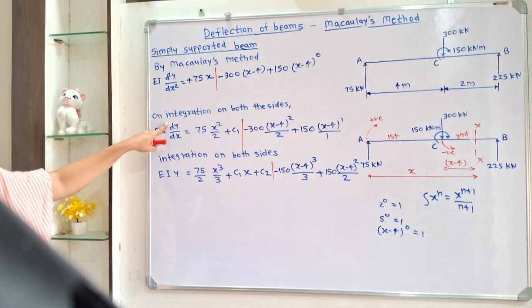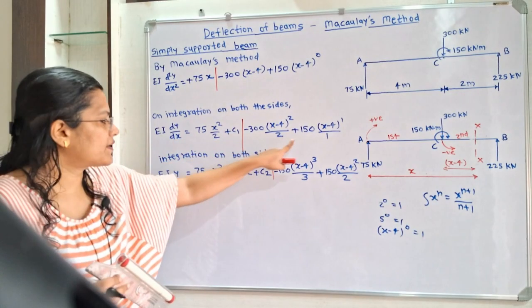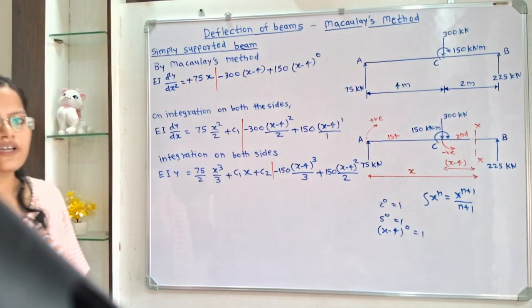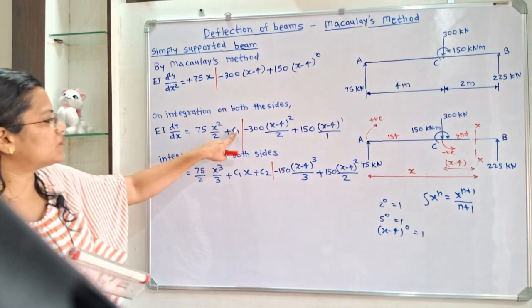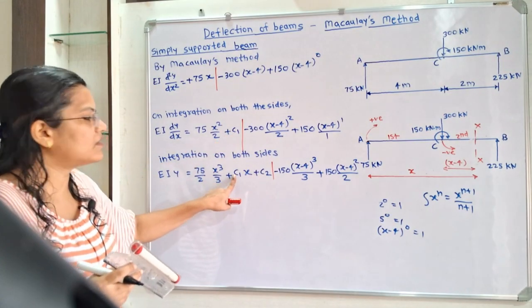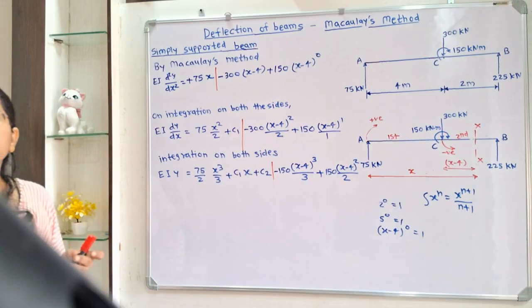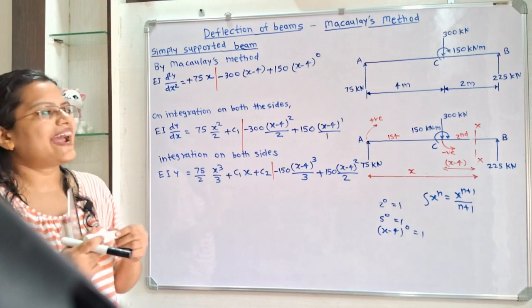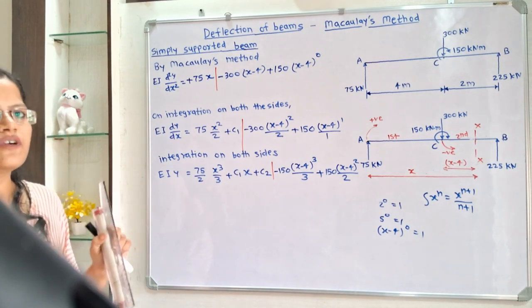Now if we observe this dy by dx, it will be our slope equation, and when y is there, then this is our deflection equation. So to find out the slope equation and deflection equation, we have to find out the unknown terms C1 and C2. Now if we observe, this is the simply supported beam. That means the deflection at the end points A and B, value of y is equal to 0.